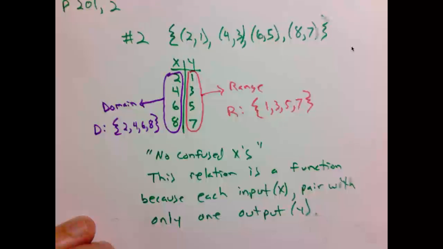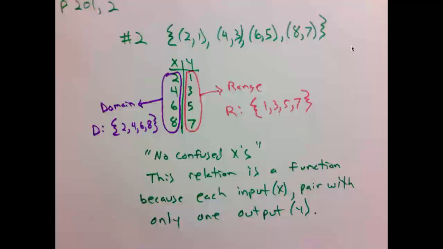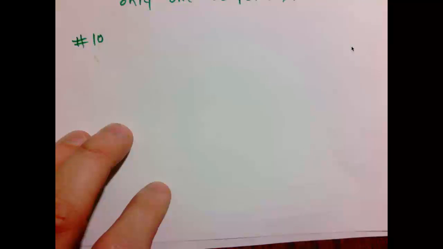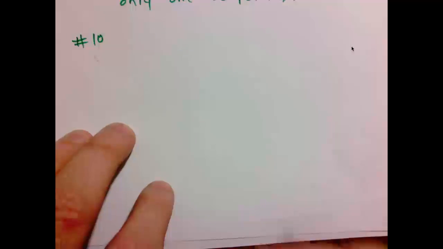That is the y's. I need the comma there. Alright, that's number 2. Next we'll look at number 10. Number 10 says, state whether each of the following graphs represent a function.